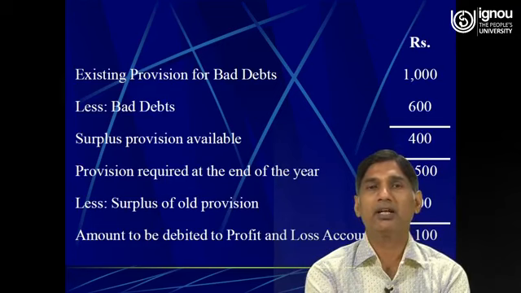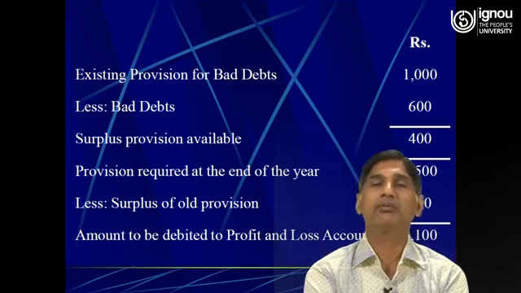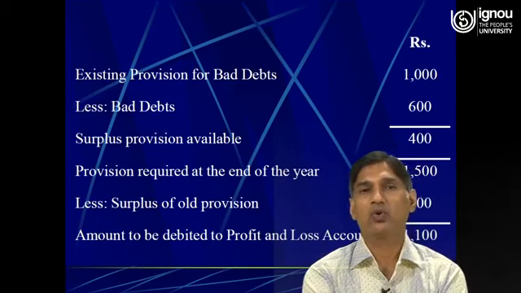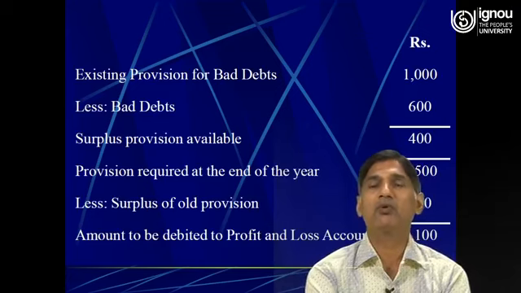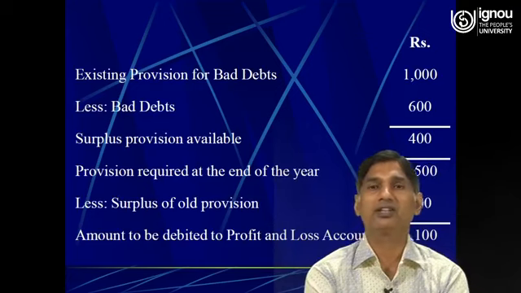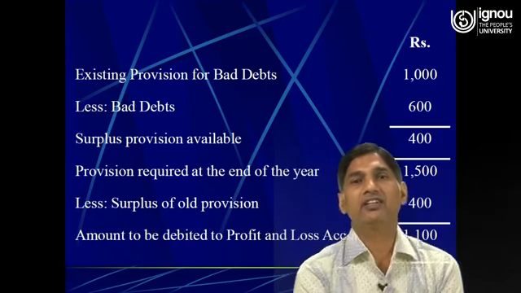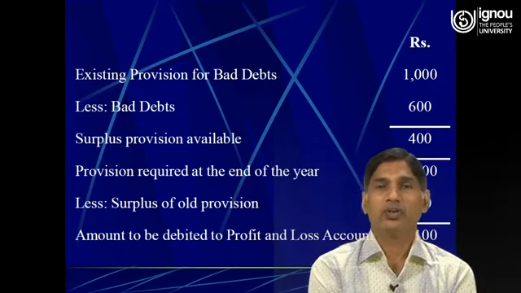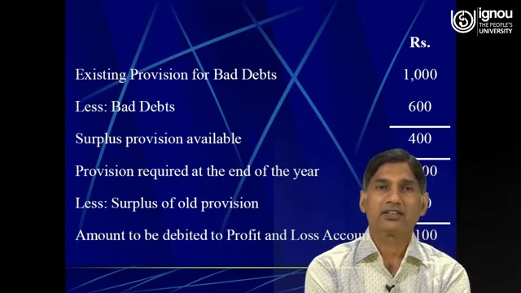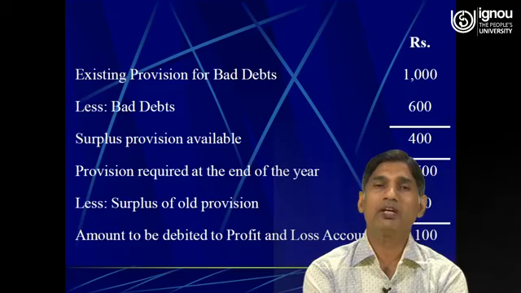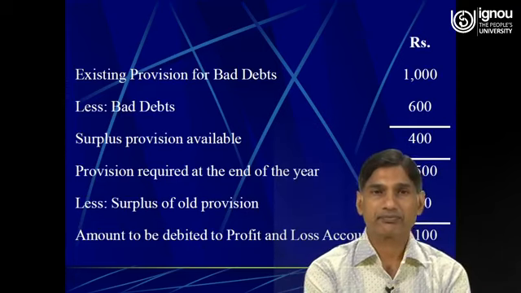So the fresh bad debts of rupees 600 will be met out of rupees 1000, and the net amount is rupees 400. It means the surplus amount of old provision with us is 400. The provision required at the end of the year is 1500, less the surplus of old provision, 400. So the amount to be debited to the profit and loss account is 1100.